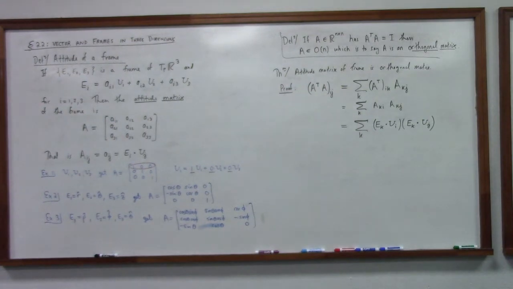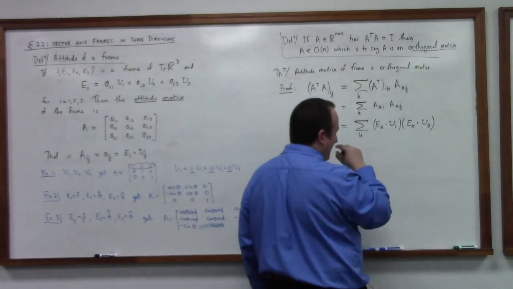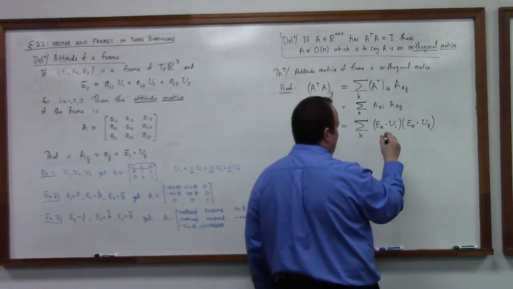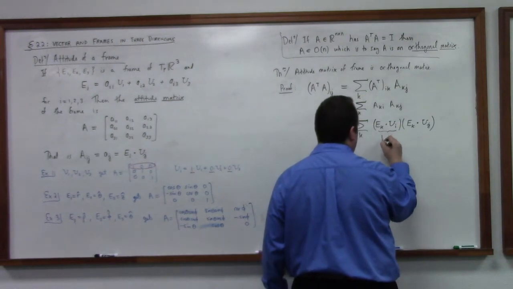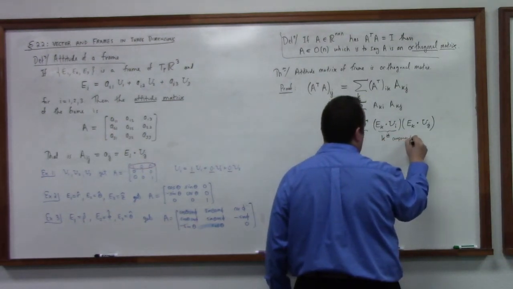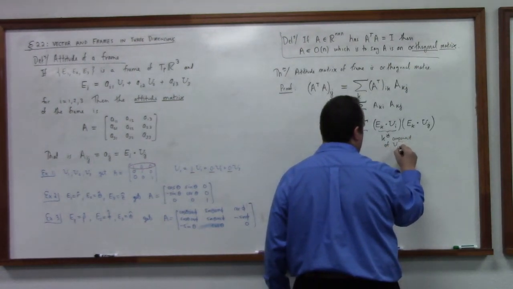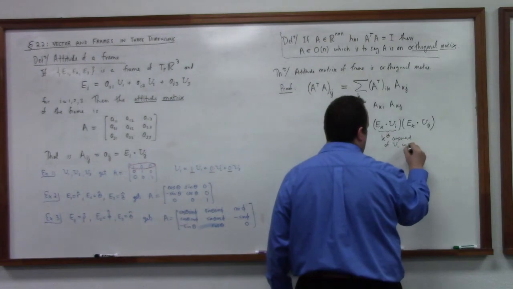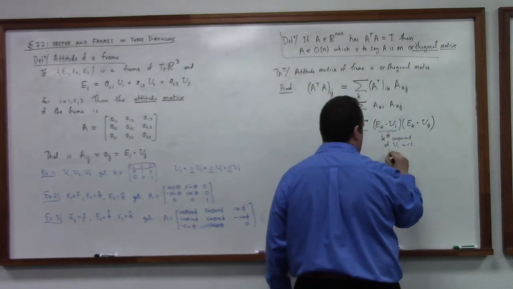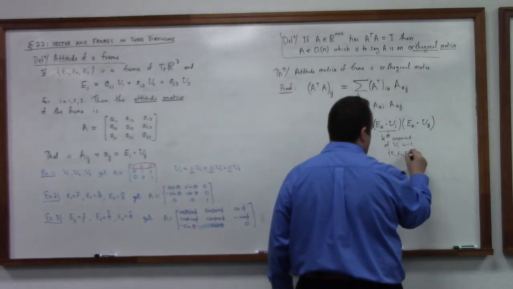Now you've got to use your imagination a little bit. What is this? This is the kth component of Ui with respect to what? The E1, E2, E3 frame.